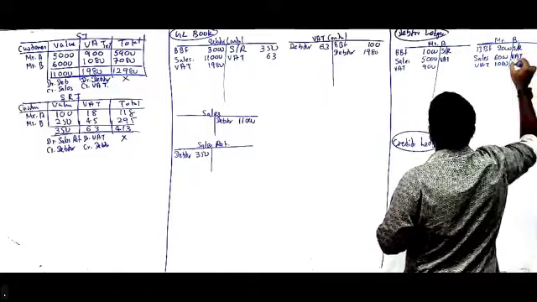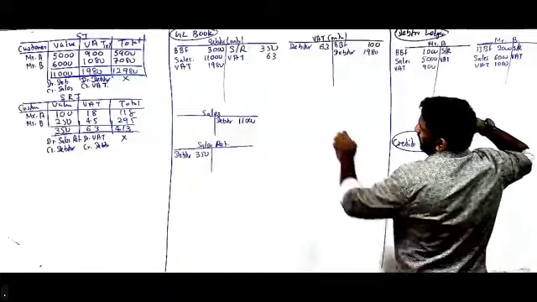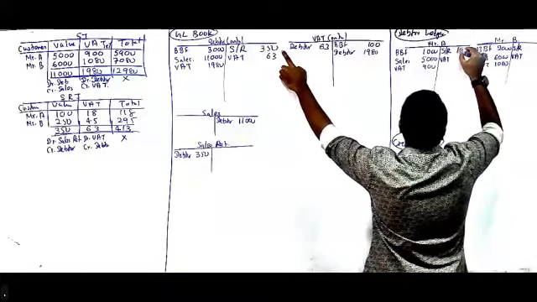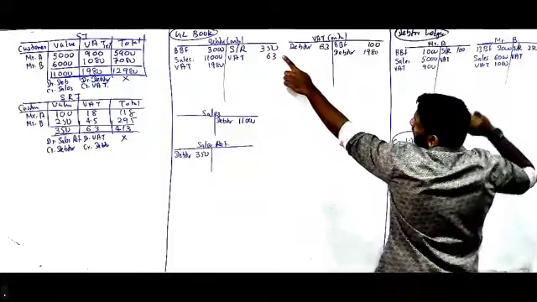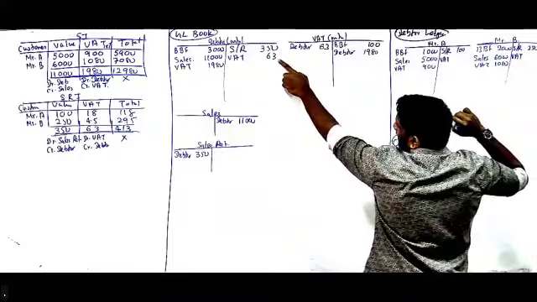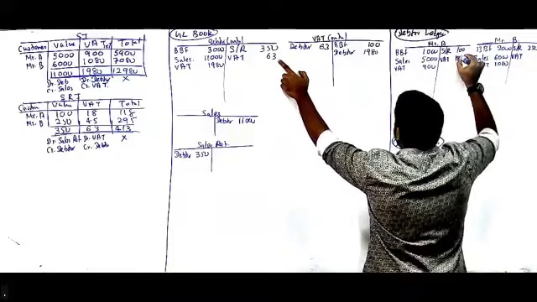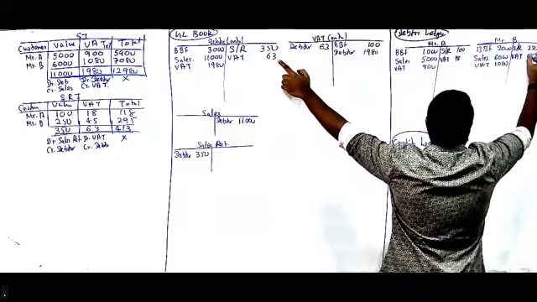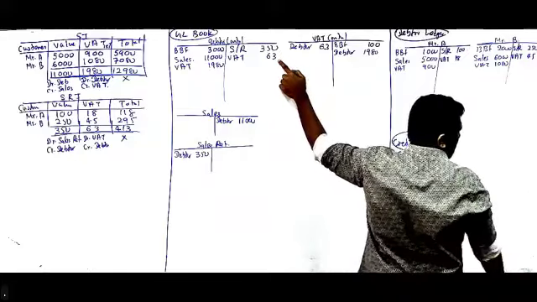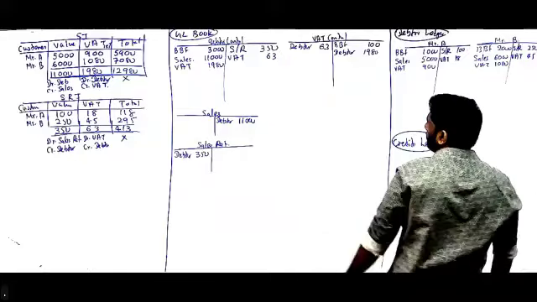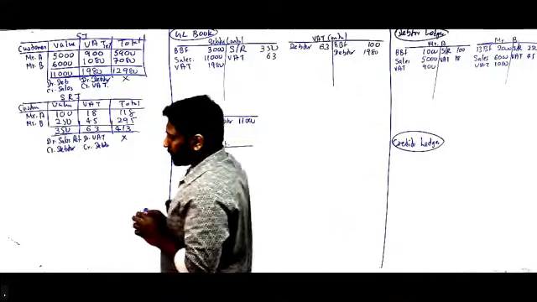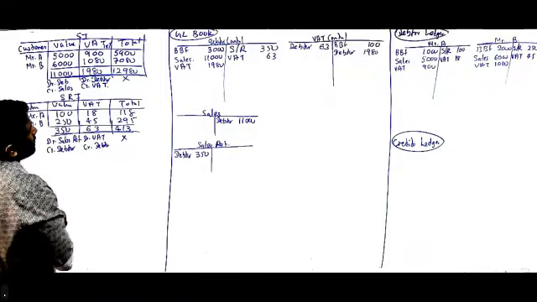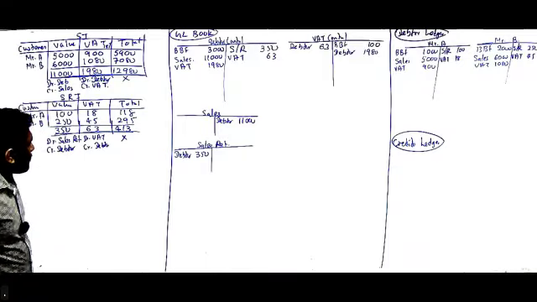Same side, same item, detailed version. 350 detailed version, here 100, here 250. 63 detailed version, here 18, here 45. Done.